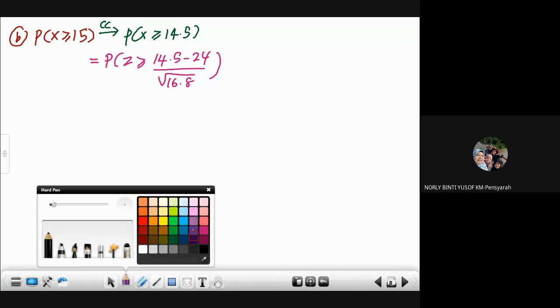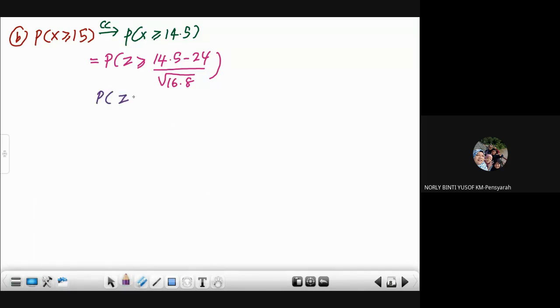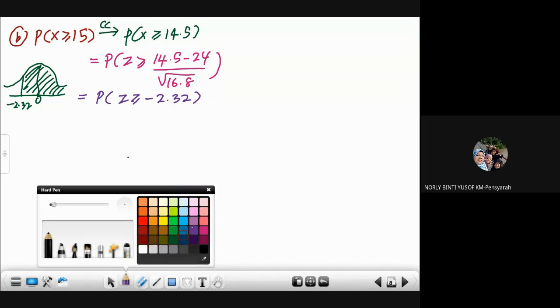And then kira, dapat Z greater than negative 2.32. So sama, lukis graph normal. You punya Z adalah negatif tapi to the right, greater than kan. So greater than, you akan langgar garis line mean kosong. So bila langgar, maksudnya akan guna 1 minus. Correct not?